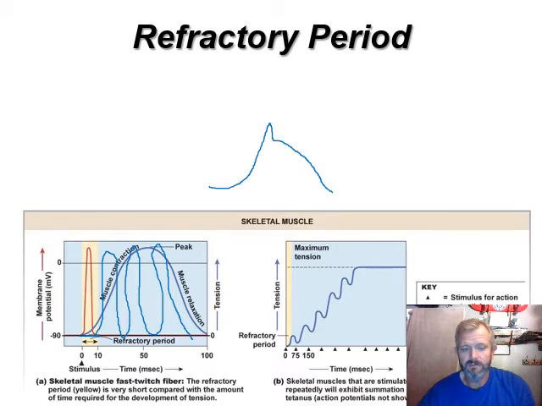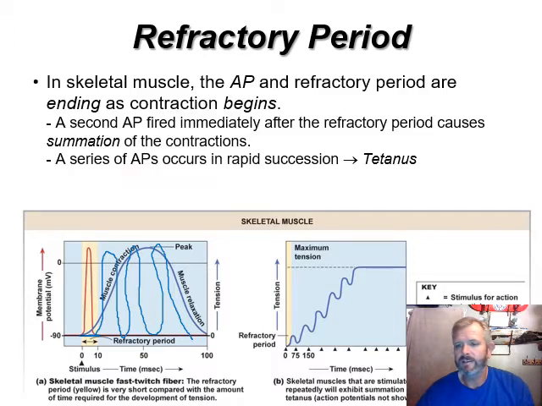But here we can zap the muscle fiber before we even get relaxation, so we can continually open these channels to flood that muscle with calcium. So it's that short refractory period that allows us to summate and then get to tetanus.